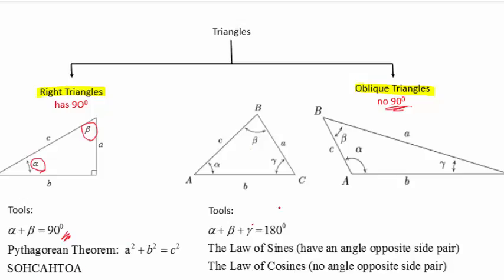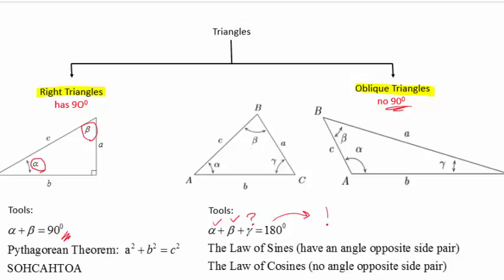For oblique triangles, we have a different set of tools. There's still an angles tool, which says the sum of your three interior angles is 180 degrees. This tool is great because if you ever know any two angles in your triangle, then you can find the third one.